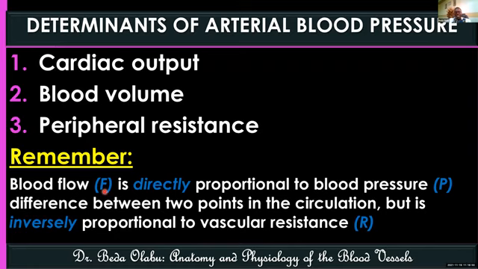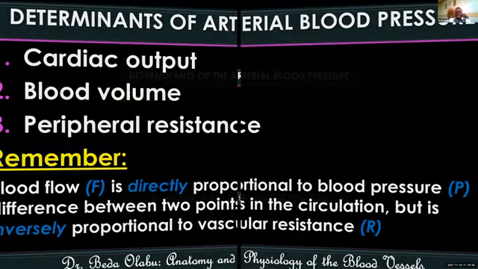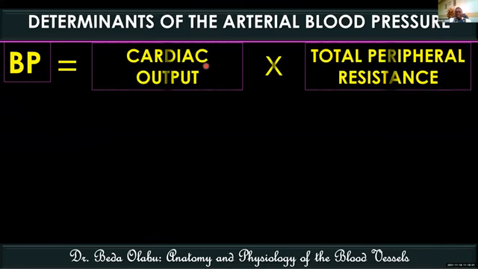But if we look at the whole circulation, then that blood flow is actually cardiac output. So therefore, with confidence, we can say that blood pressure is equals to cardiac output times total peripheral resistance. This is F, and that is R.